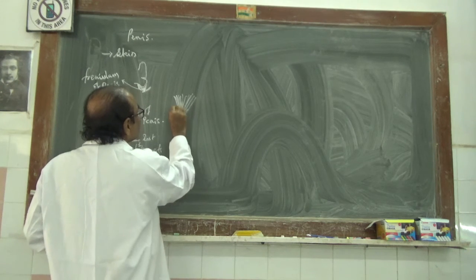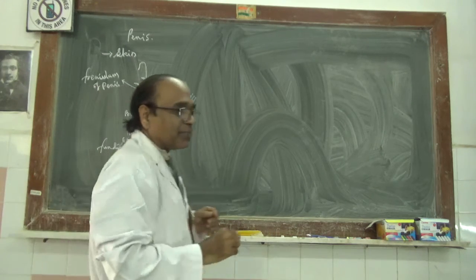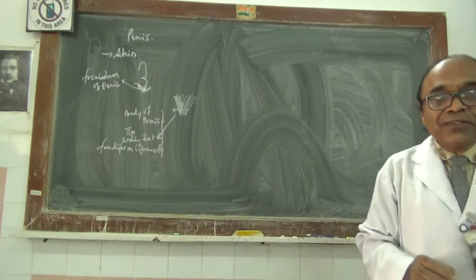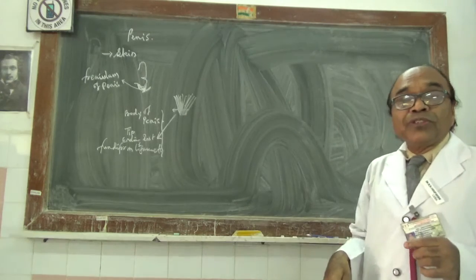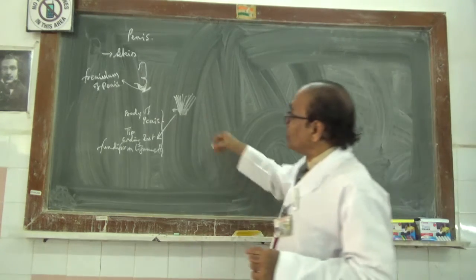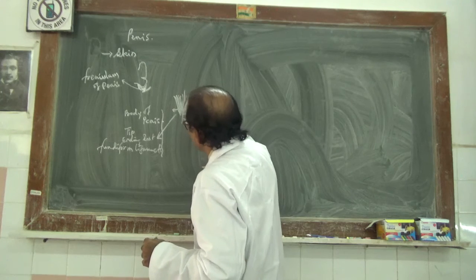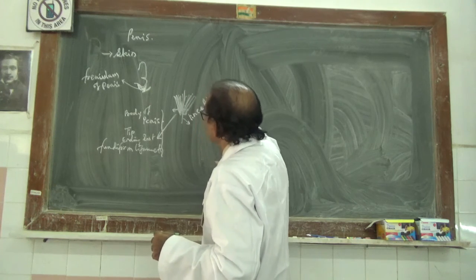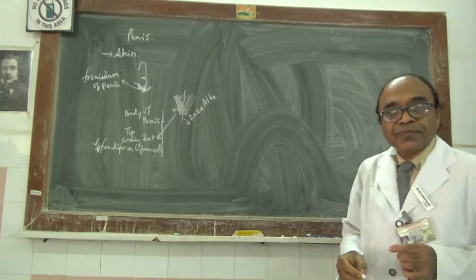By this the penis is completely suspended, or supported. Rather, it will be there over the anterior median plane, a continued part of the linea alba. So this is the fundiform ligament.